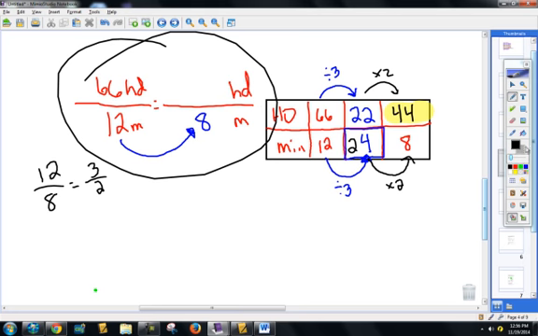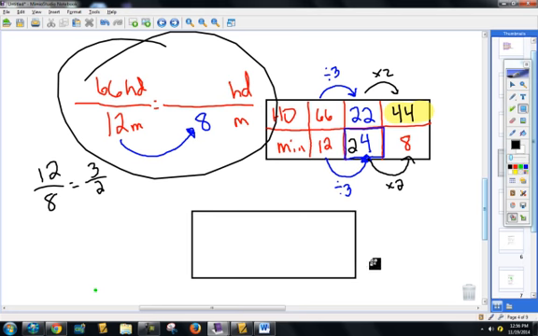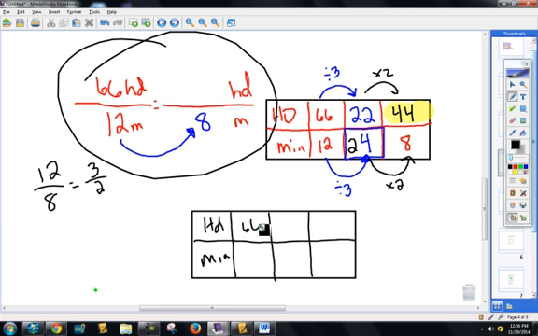Let me show you what I mean, because I don't want you to get confused. You're absolutely correct. Again, I'll set this up again. We got hot dogs. We got minutes. And we got 12, and then we got 8 there.